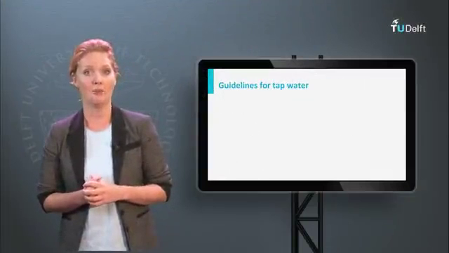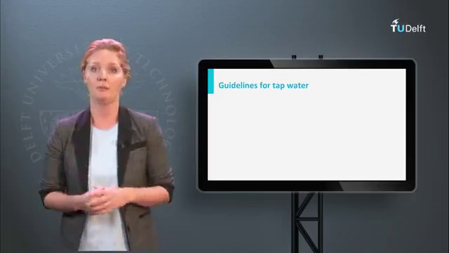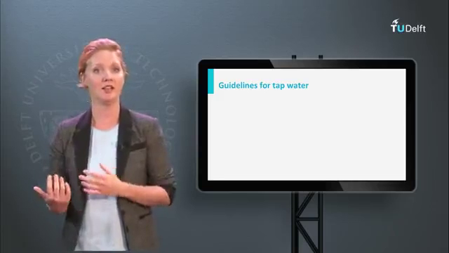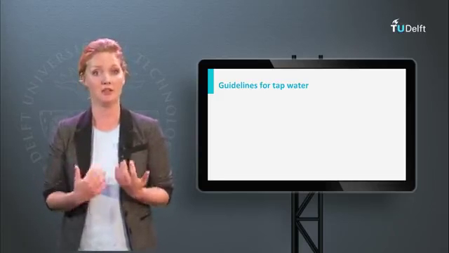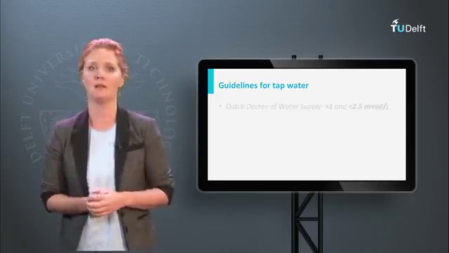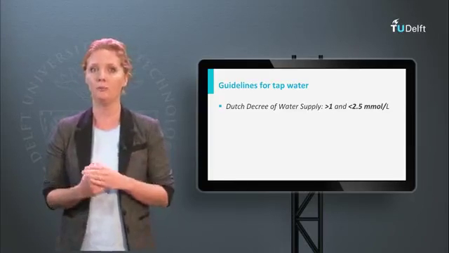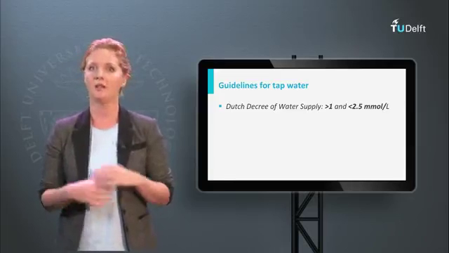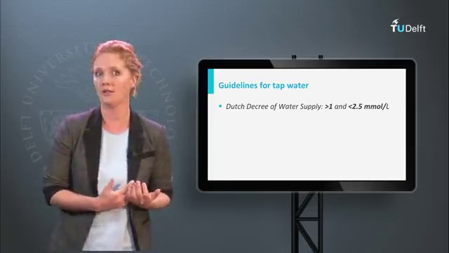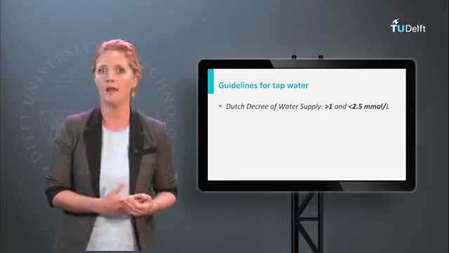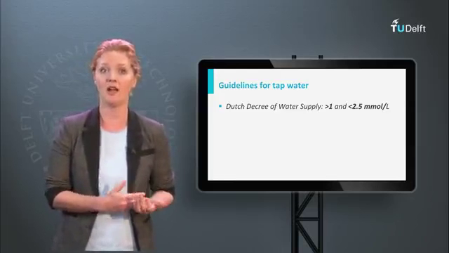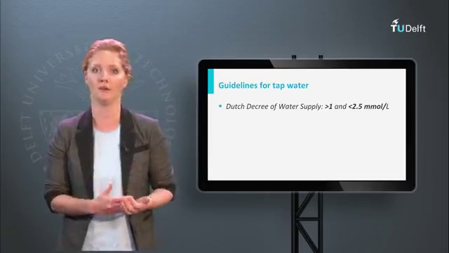The guidelines for tap water are not the same around the world, but now I will briefly summarize the guidelines as we know them in the Netherlands, the Dutch decree of water supply. These standards include that the hardness should be between 1 and 2.5 millimoles per liter, because if the hardness is too low, it may result in locally aggressive waters. And from a health perspective, it is also desirable to have some hardness in the water.